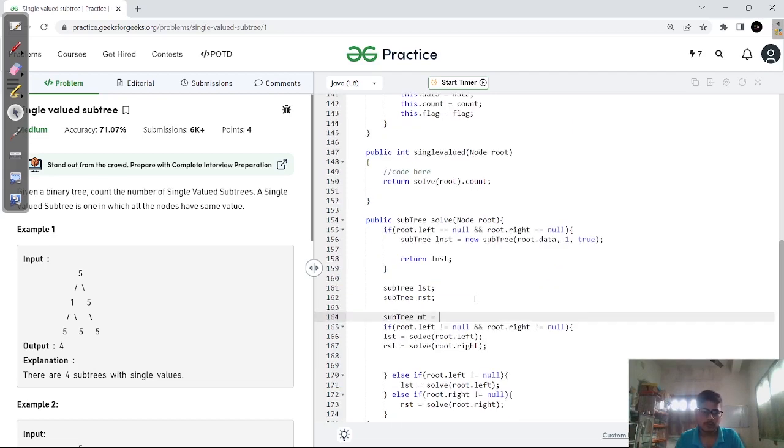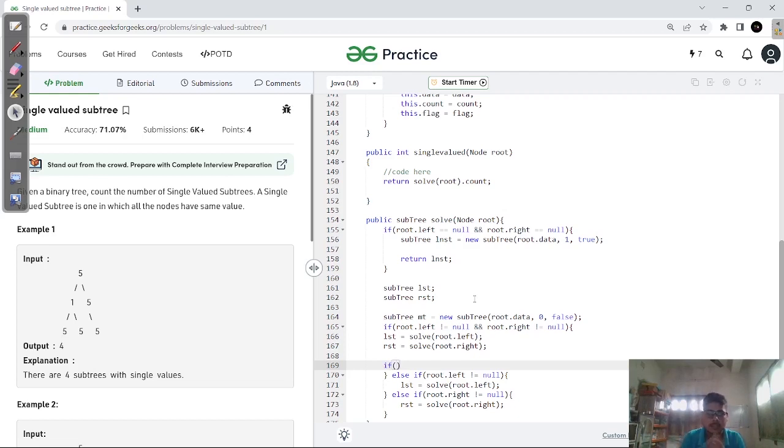Subtree root dot data. I am initially keeping the count as 0 and the flag as false. It may be true or false, but I am initializing it as false. Now what I have to do is check the condition.